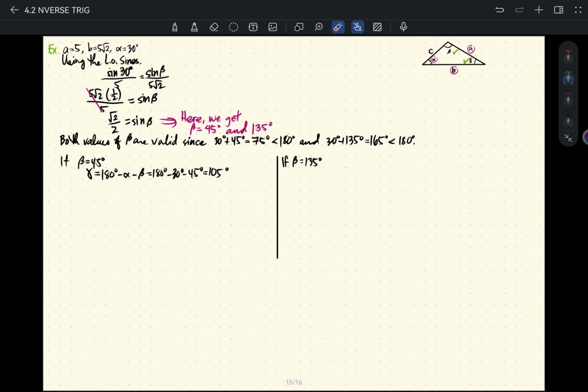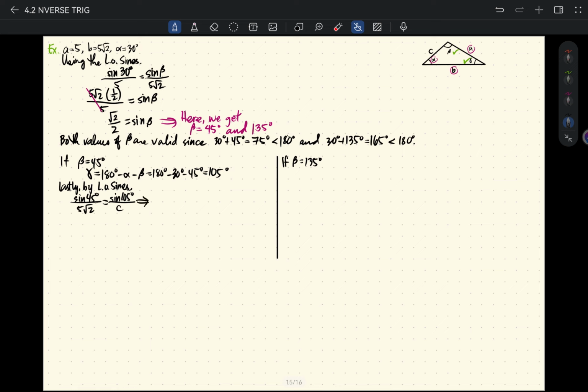And to get c, we can relate b and beta together with gamma and c. Then lastly, by law of sines, we have right here sine of 45 degrees over 5 square root of 2 equals sine of 105 degrees over c.